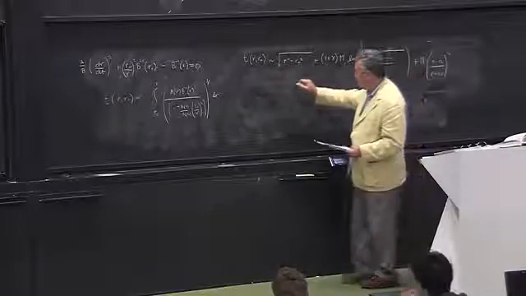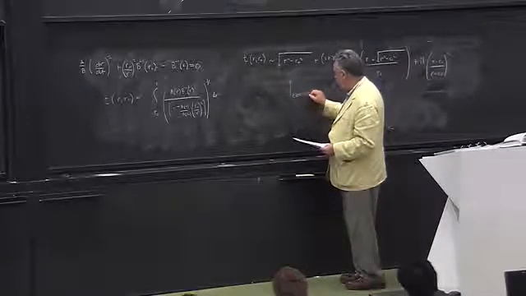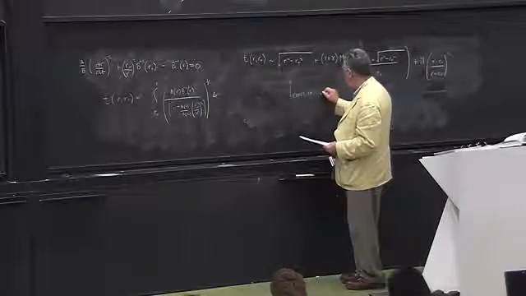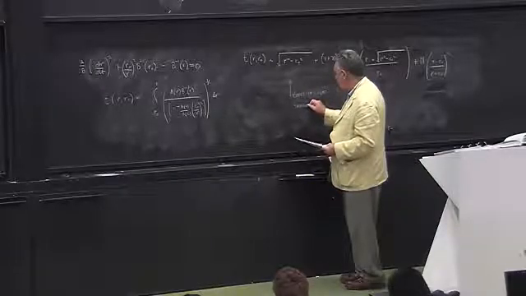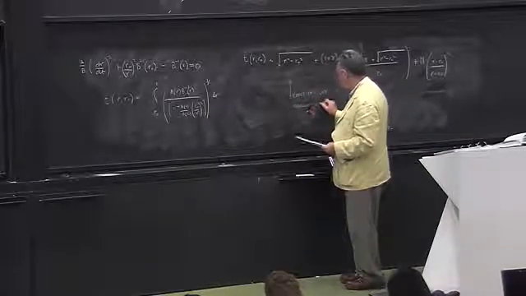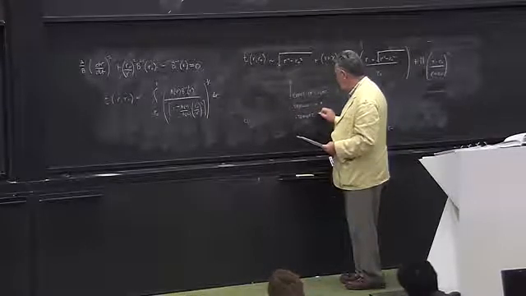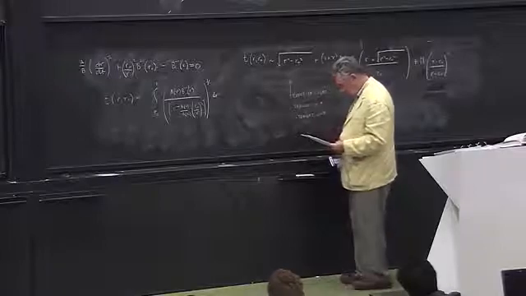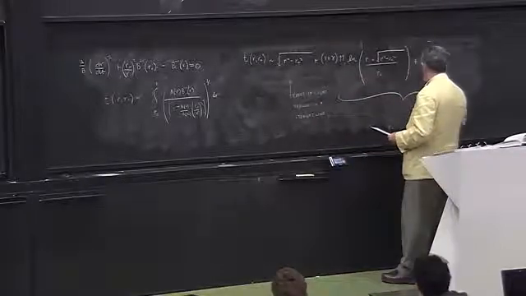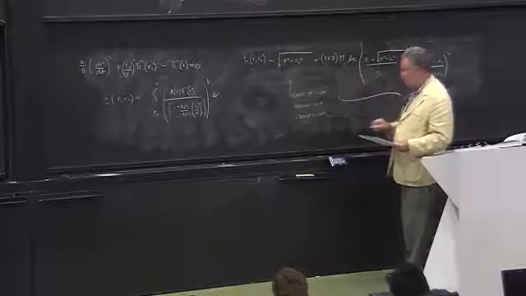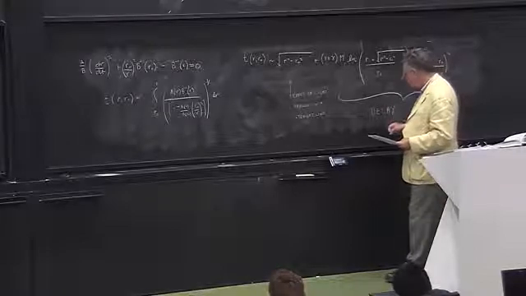Now this term is what you would expect if light traveled in a straight line. And these terms are adding to the time. So this is a delay. Radar echo delay, so it's called.